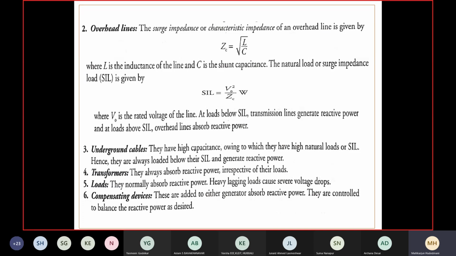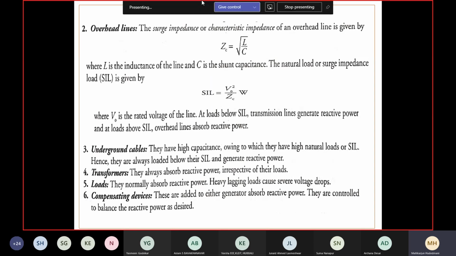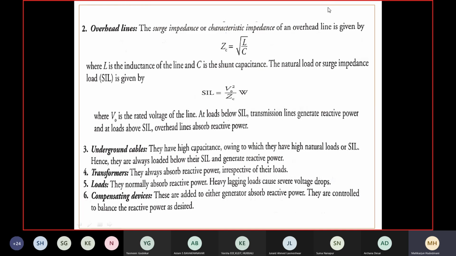To transmit it to the load center, we go for overhead transmission lines, and those transmission lines have a characteristic impedance given by the root of L by C, and this L by C definitely makes a difference. Here L is the inductance of the line and C is the shunt capacitance of the line.